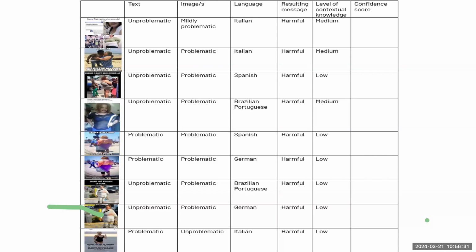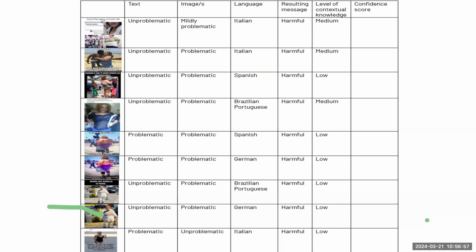And this is confidence score that I left purposely blank. This is something that is currently used by AI models when they interpret these textual visual combinations. In their output, they say how confident they are.